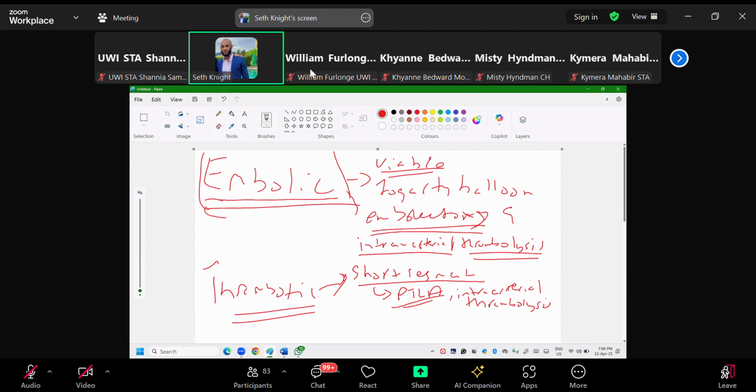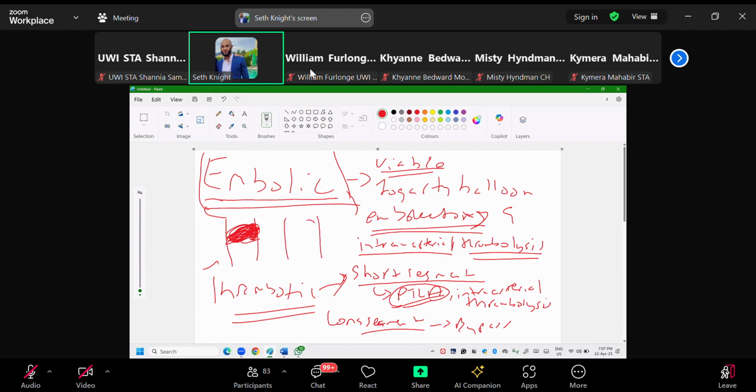So percutaneous transluminal angioplasty means you're going to break down a clot in a shorter segment. Let's say the vessel is clotted here. That's not too bad, so we could probably break up this clot with a PTLA, and that's fine. But if it's a large or long segment occlusion, then in this case we'll probably want to do a bypass.